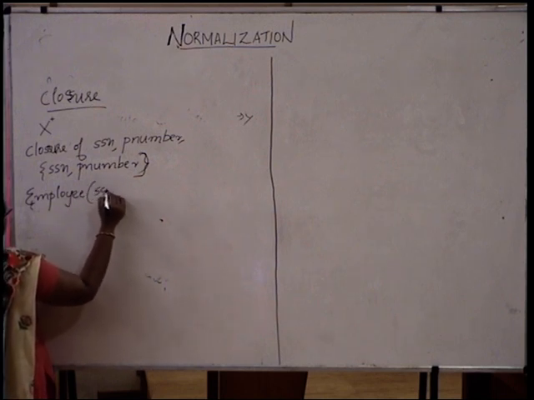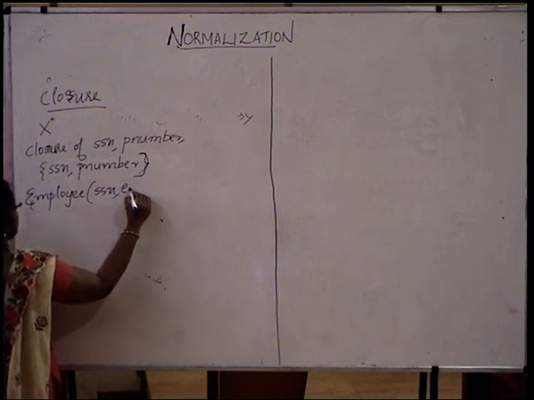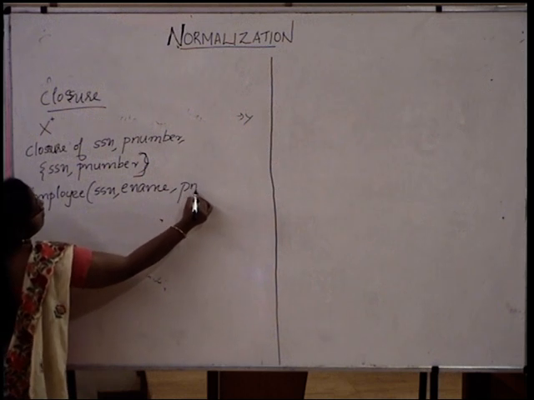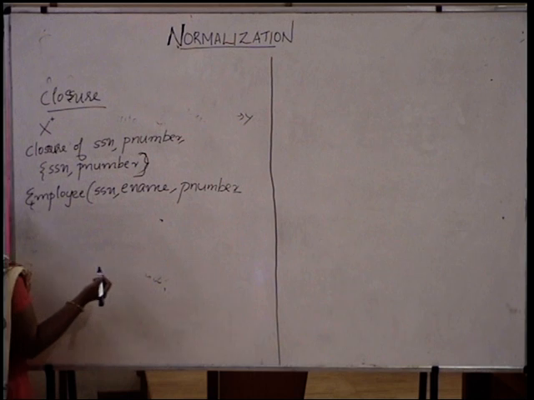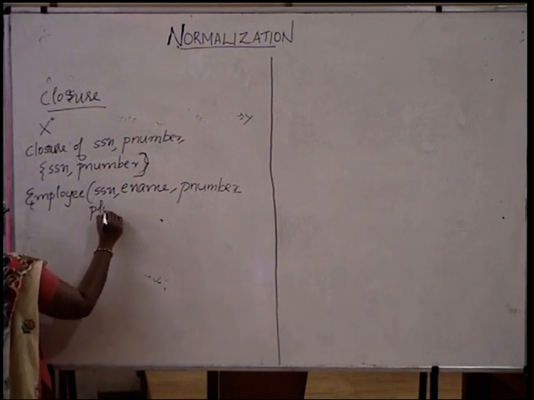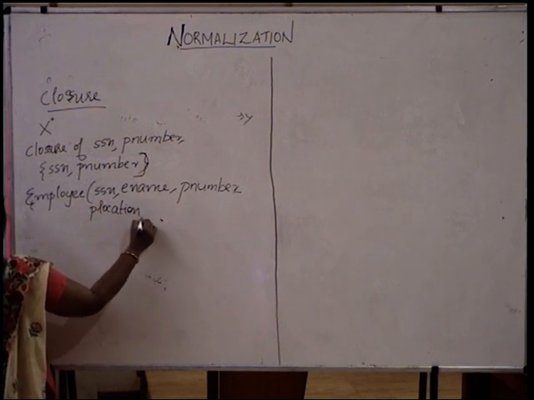and the attributes are SSN, E name, P number, P location, hours.